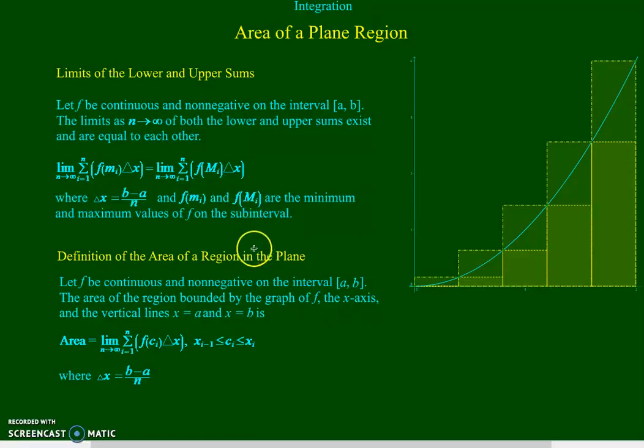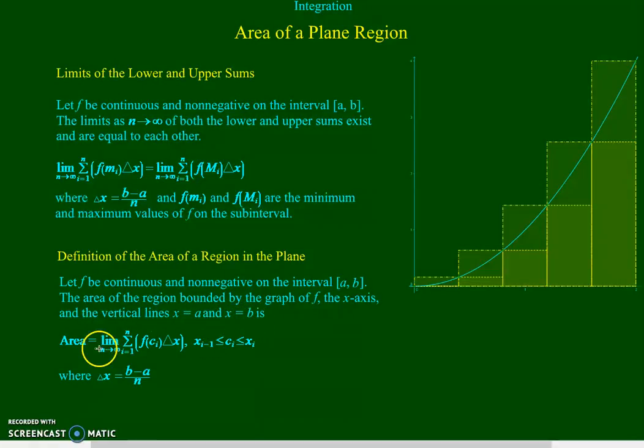Now, this brings us to the definition of area of a region in a plane. If f is continuous and non-negative on the closed interval a, b, then we have the area of the region bounded by the graph of some function f, the x-axis, and the vertical lines x equals a and x equals b, that is the lower limit and upper limit of our sums.